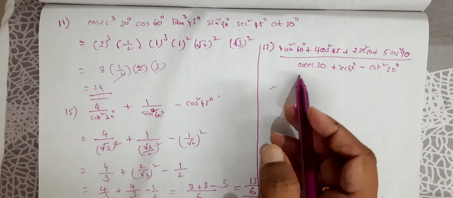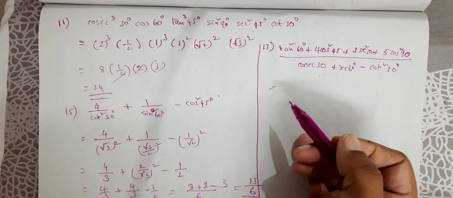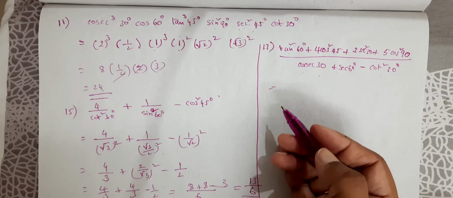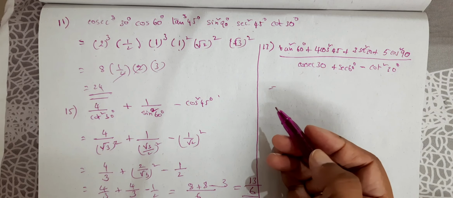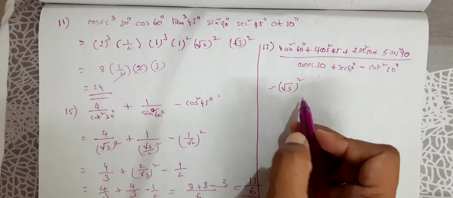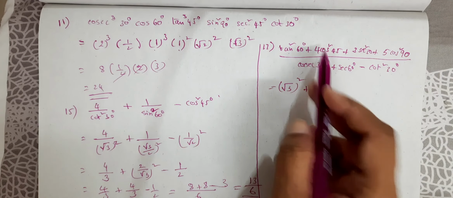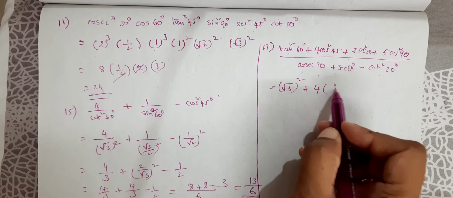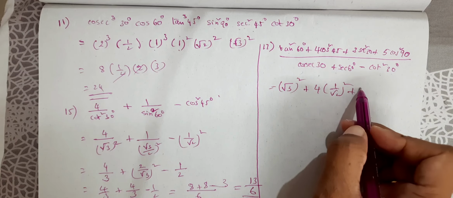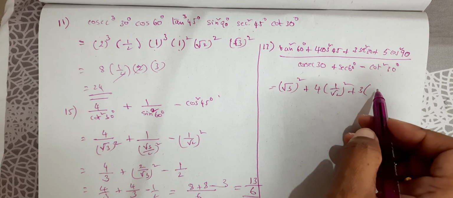Tan 60 is sin 60 by cos 60. What is sin 60? It is root 3 by 2, right? By cos 60 is 1 by 2. So root 3 whole square plus 4 times cos 45 is 1 by root 2 whole square plus 3 times secant square 30, which is the reciprocal of cos 30.